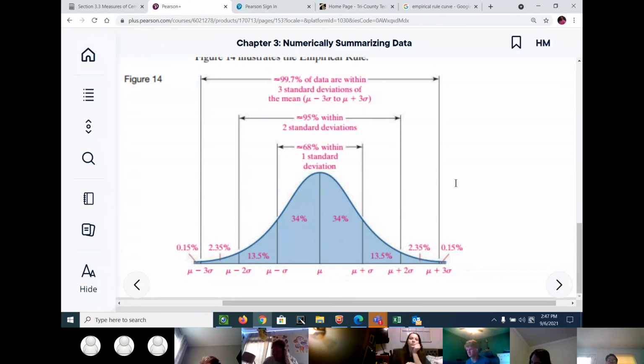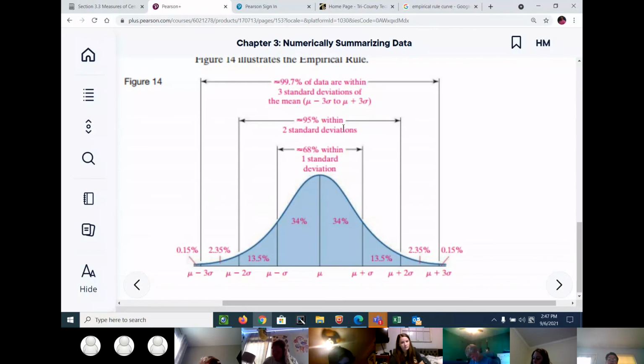And you see that right here. Well, I can't highlight it, but there it is. 95%, within two standard deviations.